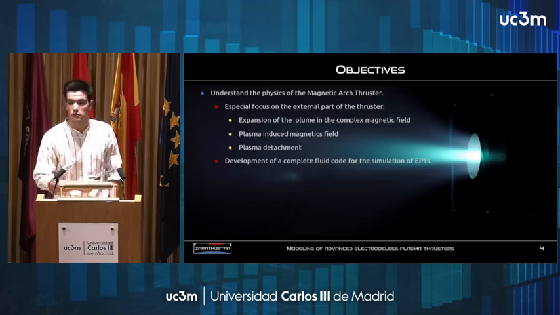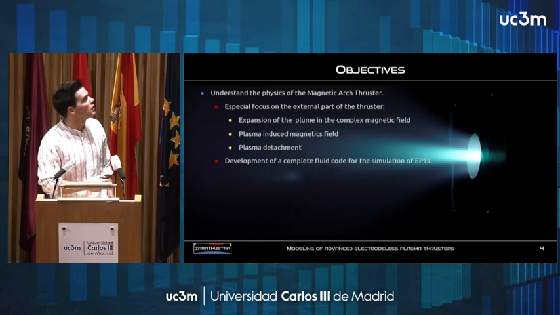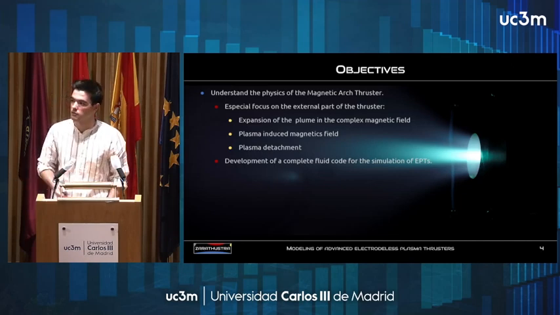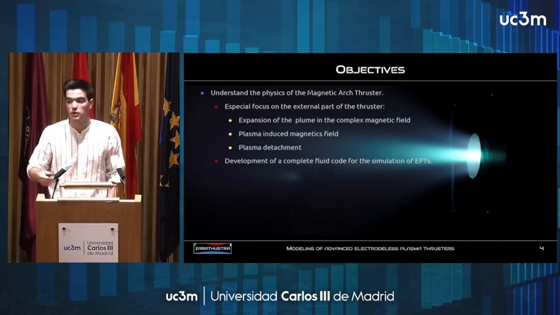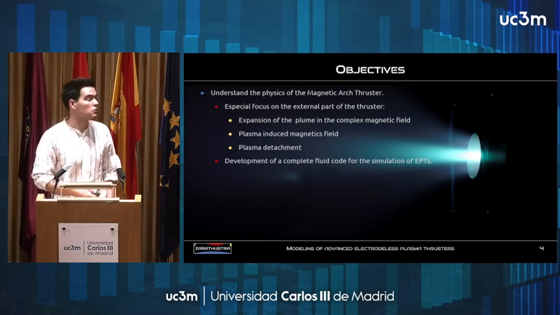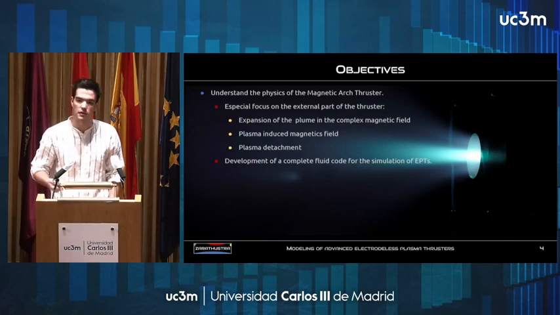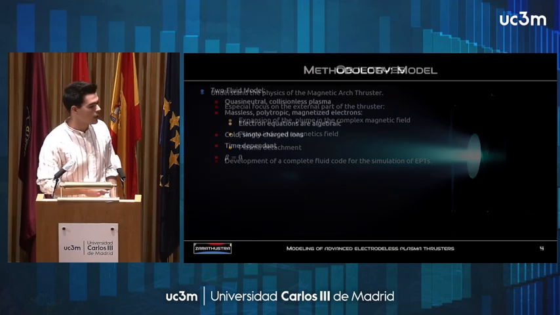And then we are also going to study the plasma detachment. And to do so, we expect to have, by the end of the thesis, a complete fluid code for the simulation of EPTs that could also work not only for the magnetic arc thruster, but also for standard cylindrical EPTs.